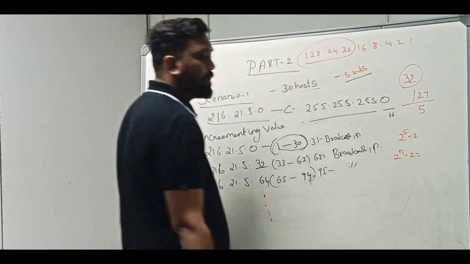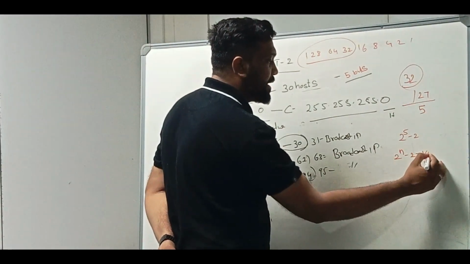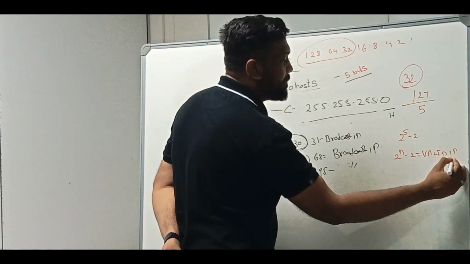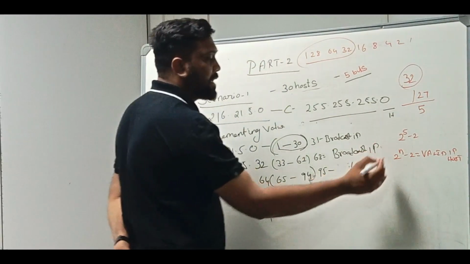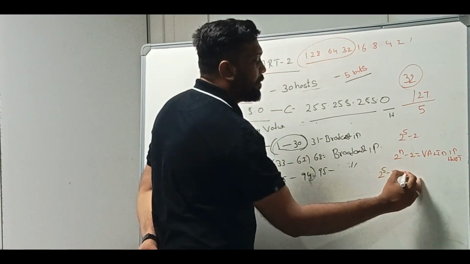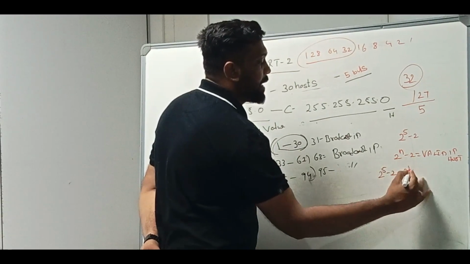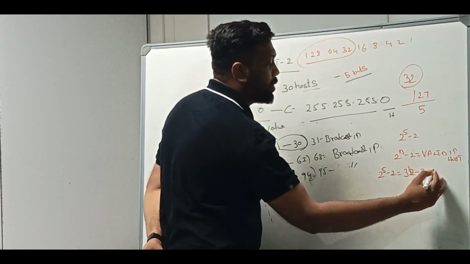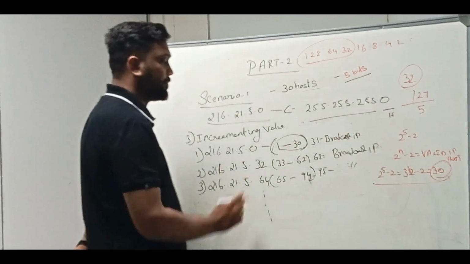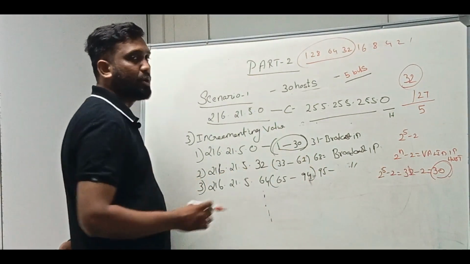Whatever value comes is the number of valid IP addresses, or valid hosts. Here we put 2 power 5 minus 2. What will come? 32 minus 2 equals 30. We will get 30 valid hosts. This is the formula to identify how many valid hosts we will get in one network.